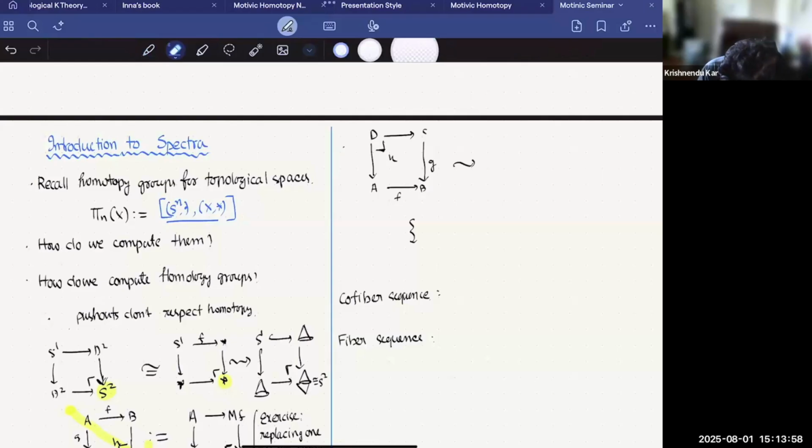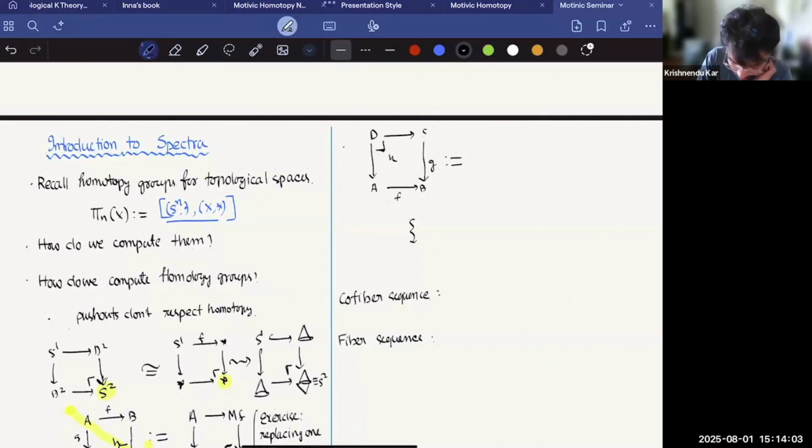This is defined to be PG, this is your fibration, B, PF, and then you take their pullbacks. This is your PF times B, PG. What is this PF? This is the path space fibration.